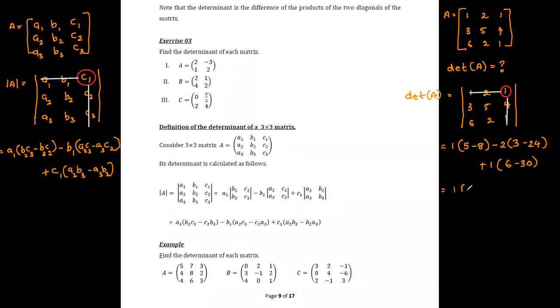Here it is 1 times minus 3, minus 2 times minus 21, plus 1 times minus 24.